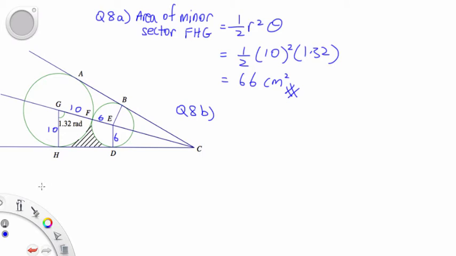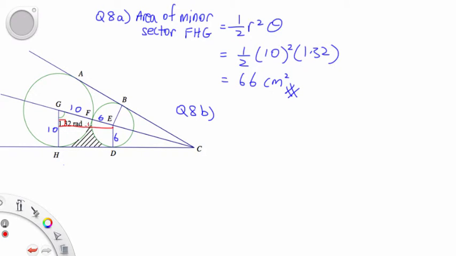Now for question 8b, they want you to find the length HD. If you look at the diagram, if I draw a line on this triangle, I will have a right angle here.